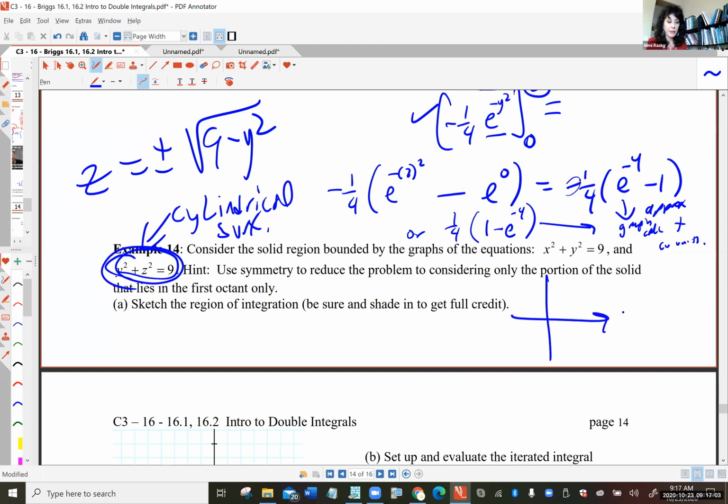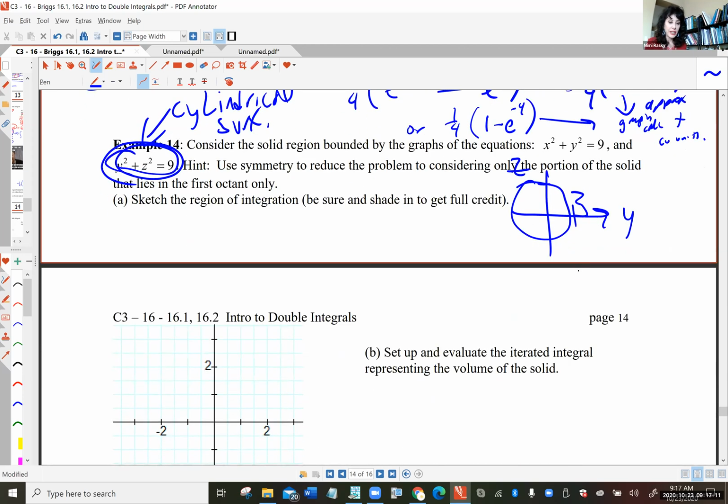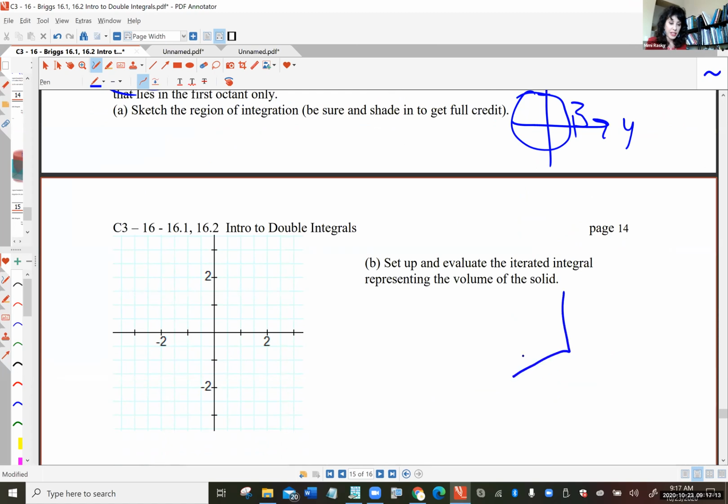Well, in the YZ plane, you first draw the generating curve, which is a circle centered at the origin of radius 3, and then you whoosh it in the direction of the missing variable, X, and you do get a cylinder, okay?